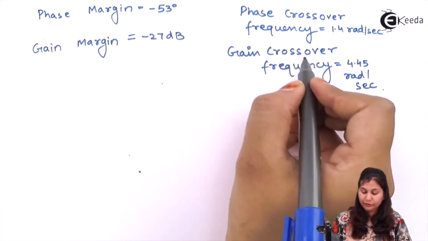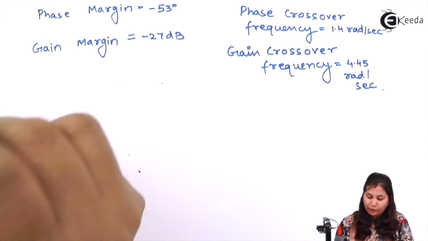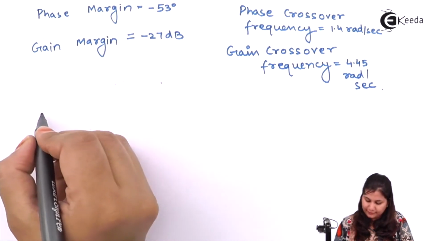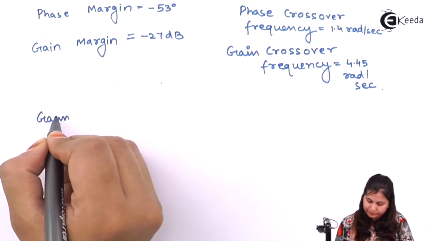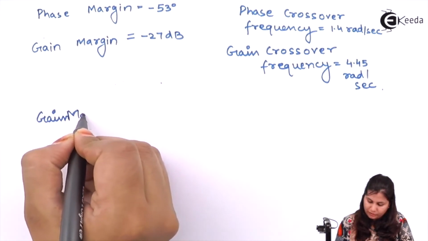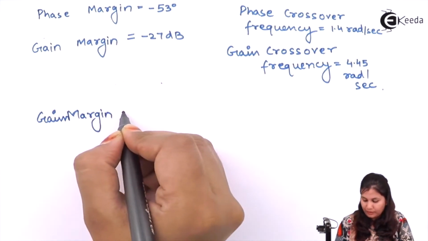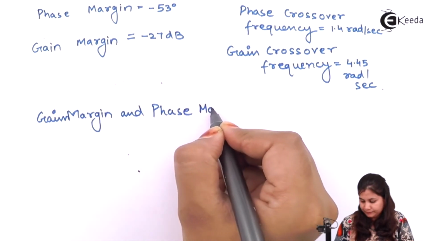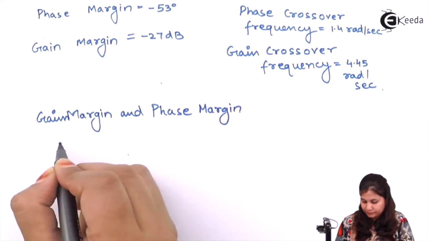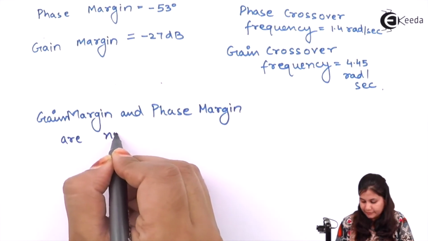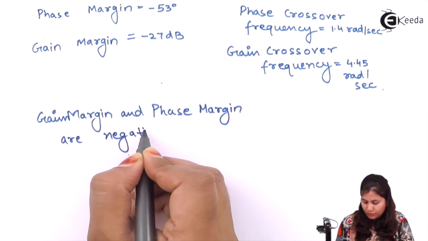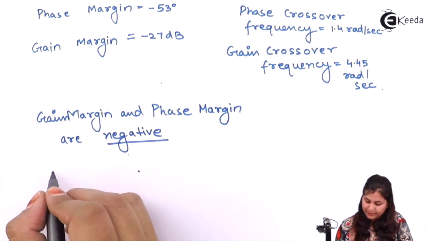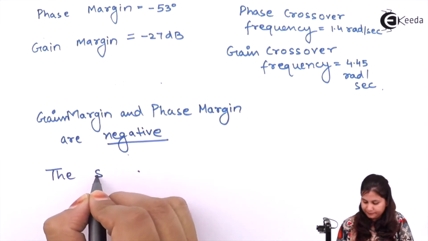So we have calculated all these variables. Now if you observe, the gain margin and phase margin are negative for this system, and if the gain margin and phase margin are negative, then the system is unstable.